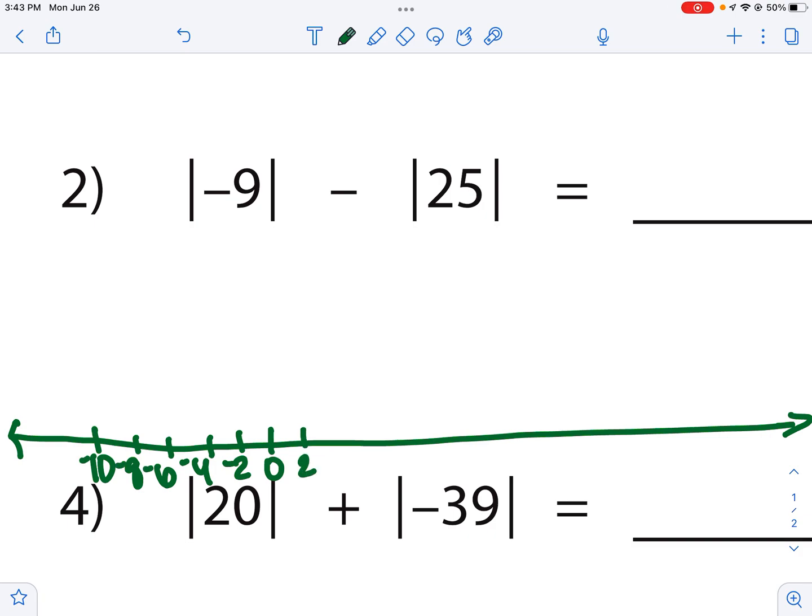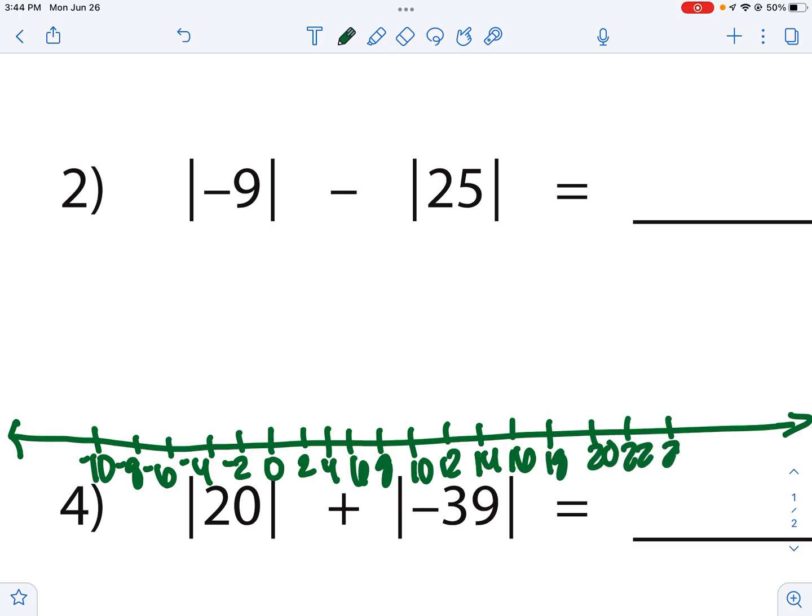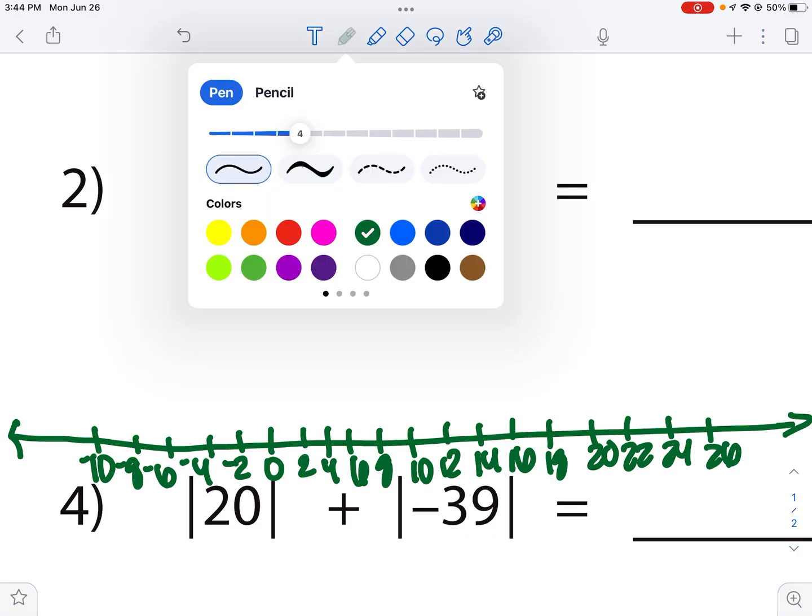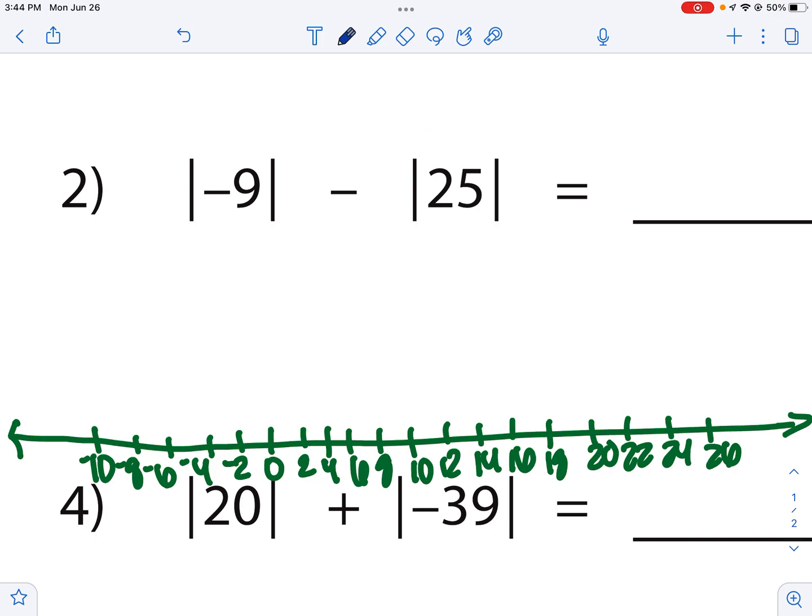Then I have 2, 4, all the positives, 6, 8, 10, 12, 14, 16, 18, 20, 22, 24, 26. All right, so I'm going to find what is the distance first, or the absolute value from 0 for negative 9. So negative 9 is right here, in between 8 and 10. And to find the absolute value, I'm going to figure out how far away is it from 0 first.